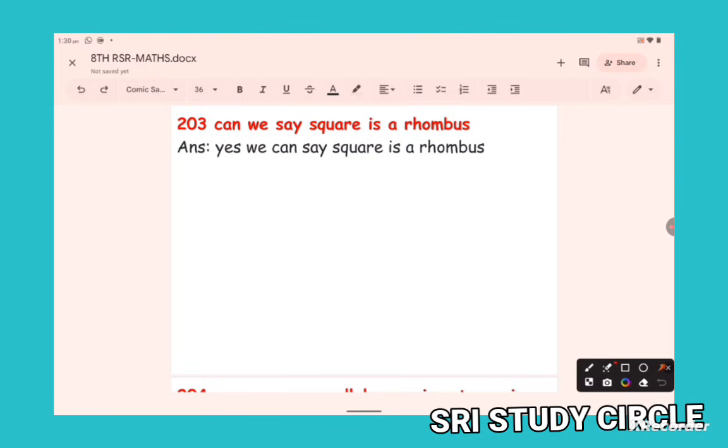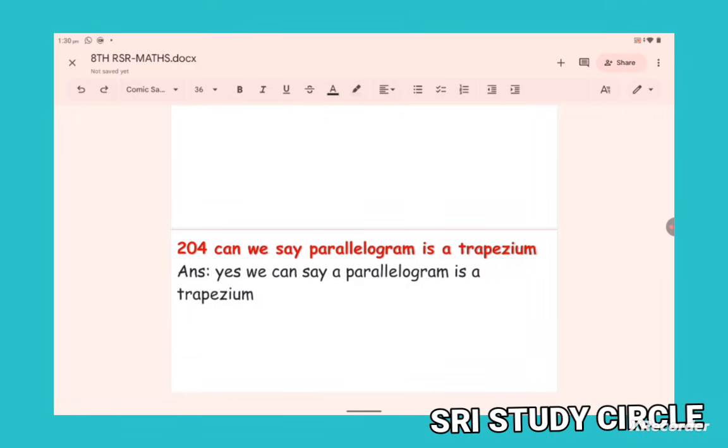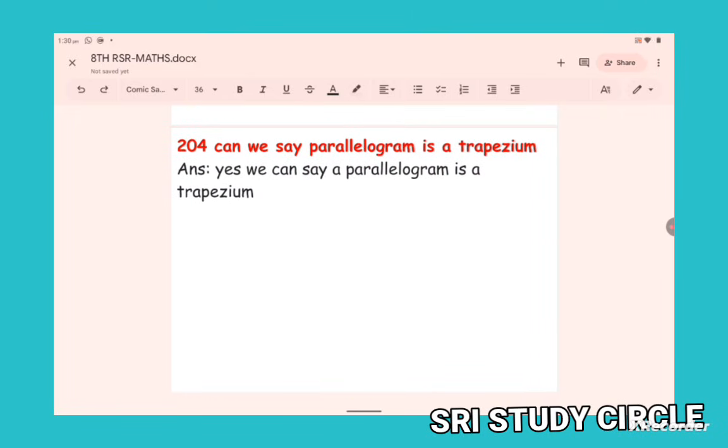Every square is a rectangle, a parallelogram and a rhombus. Can we say a parallelogram is a trapezium? Yes, every parallelogram is a trapezium, but a trapezium need not be a parallelogram.